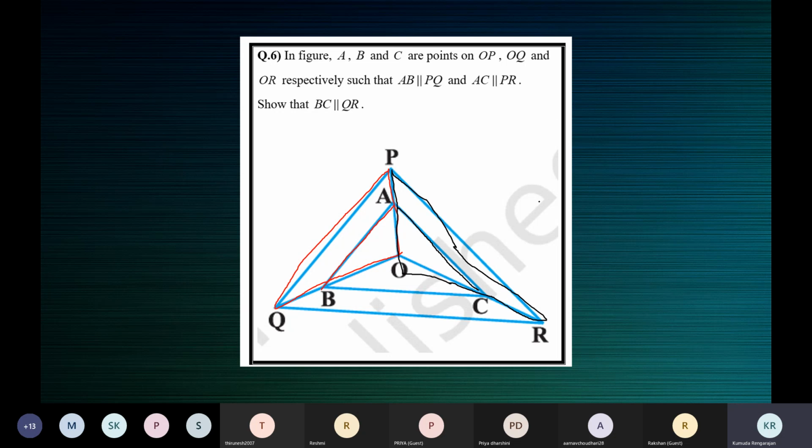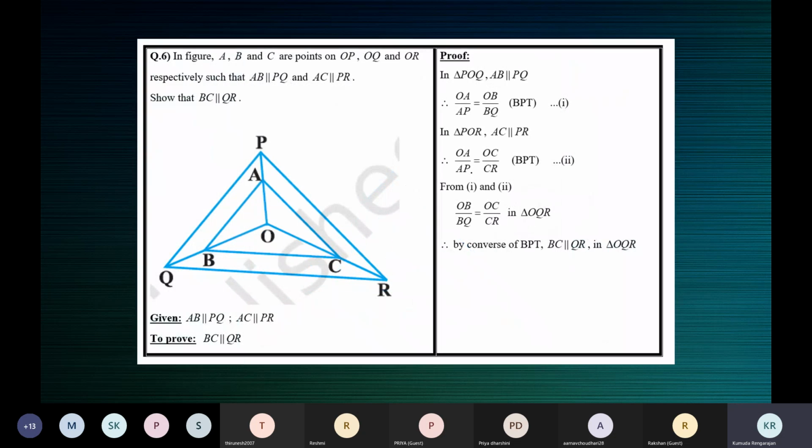Okay, so when you compare these two results, what we just discussed, you get a new proportion like this, OB by BQ. So OB by BQ is equal to OC by CR.